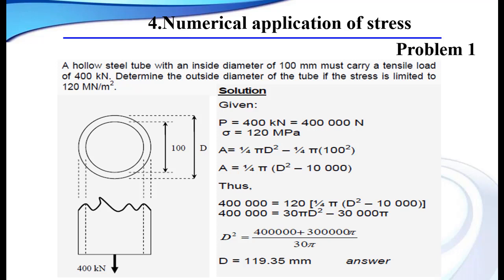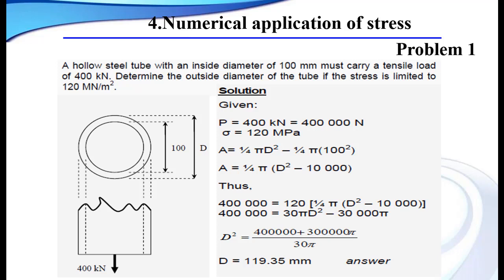Solution: you're given applied force as 400 kilonewtons, that is an equivalent of 400,000 newtons. Sigma, which is the stress, as 120 megapascals. That is 120 times 10 power 6 newton per square meter.